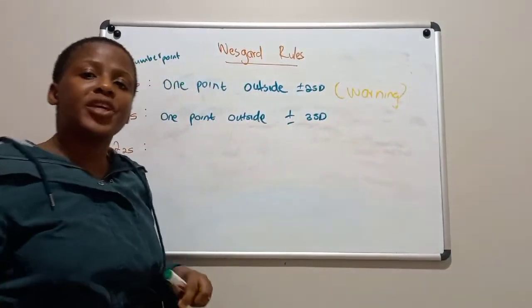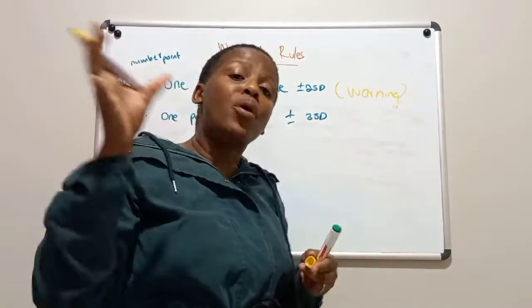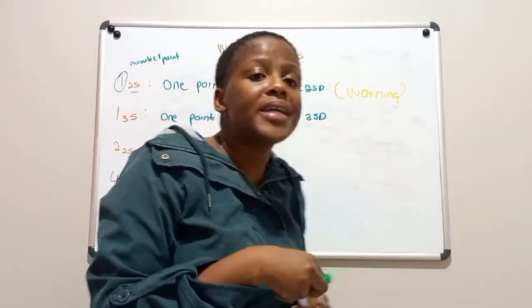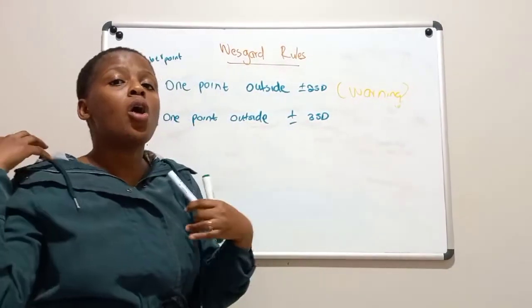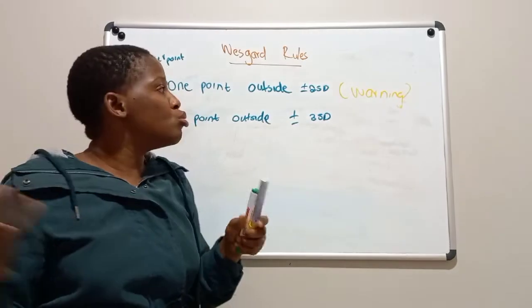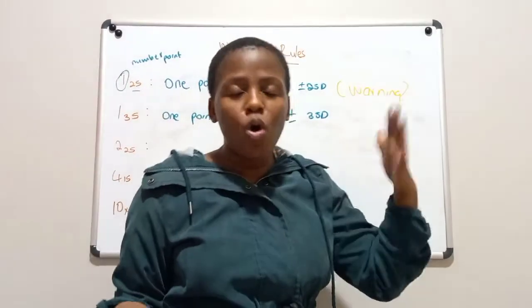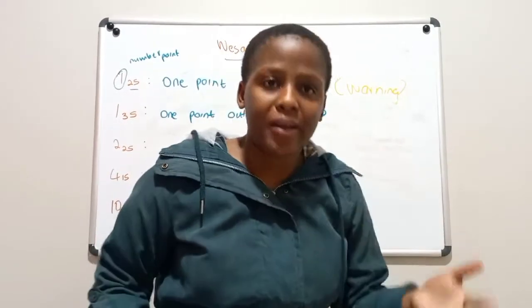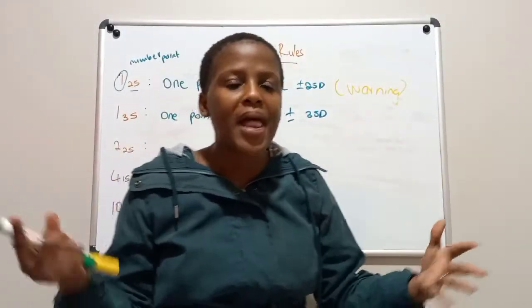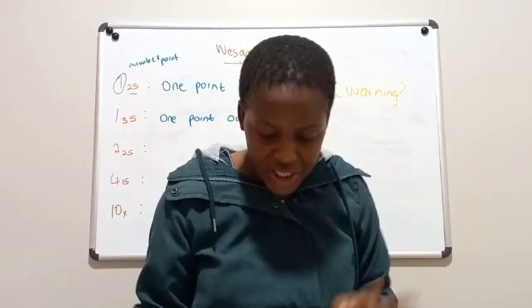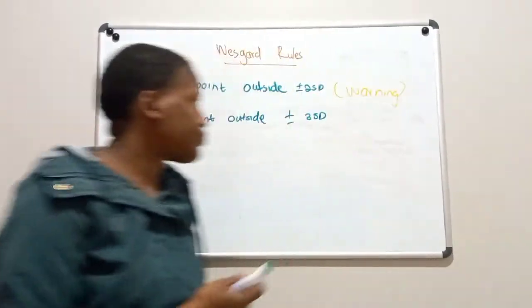On your LJ graph, when you see a point outside either plus 2 SD or minus 2 SD, you just know that it's a warning. It means you can continue to run and send out patient results.